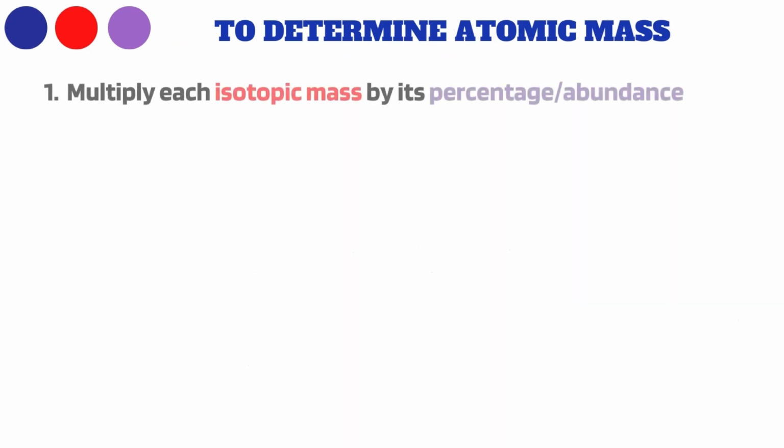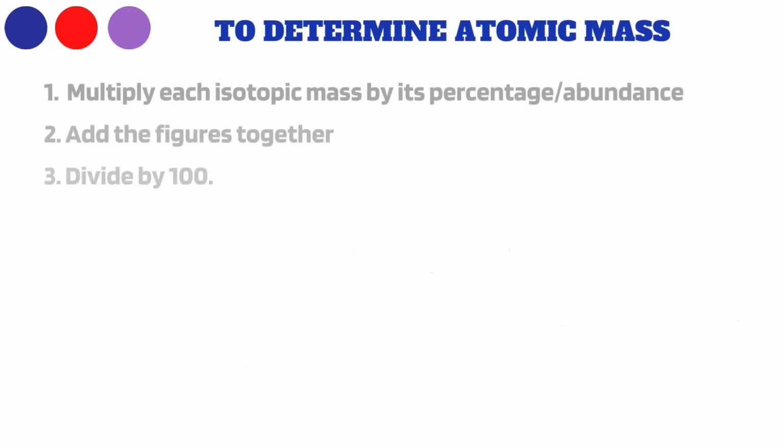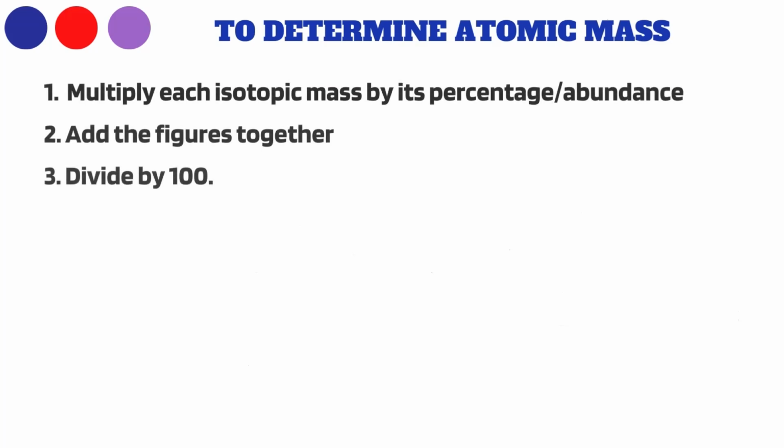First, we multiply each isotopic mass by its natural abundance or given percentage. In the second step, we add the figures that we obtain in the first step. Finally, we divide the whole value by 100.